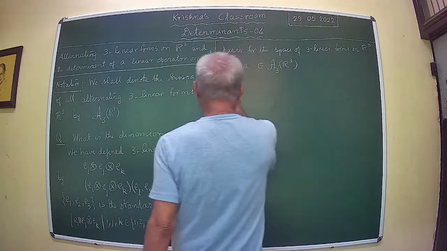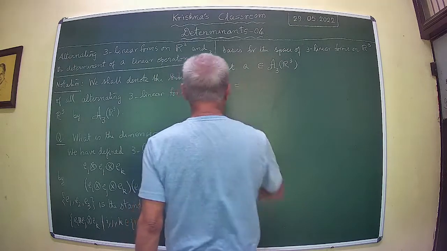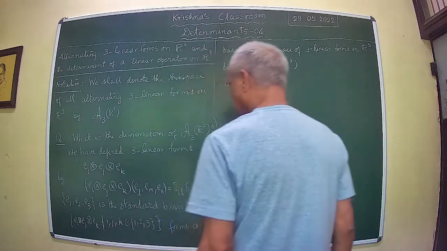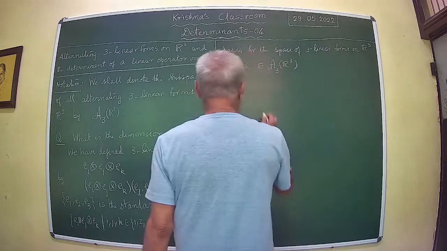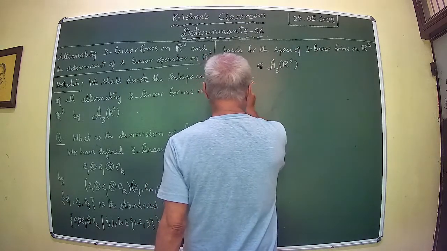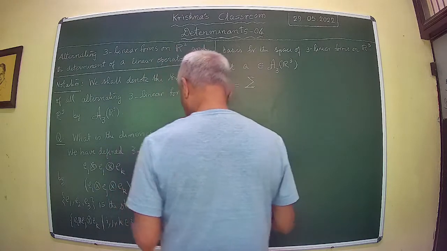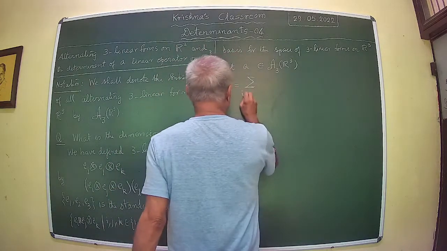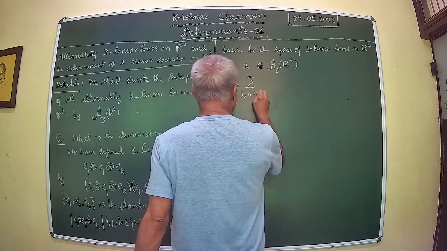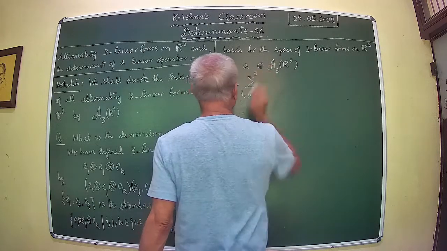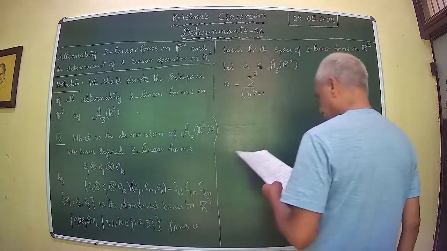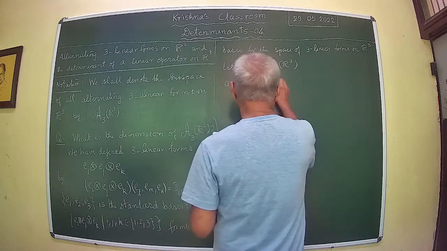Now you know that A can be written as the following, that is, sigma ijk from 1 to 3, aijk times Ei cross Ej cross Ek.